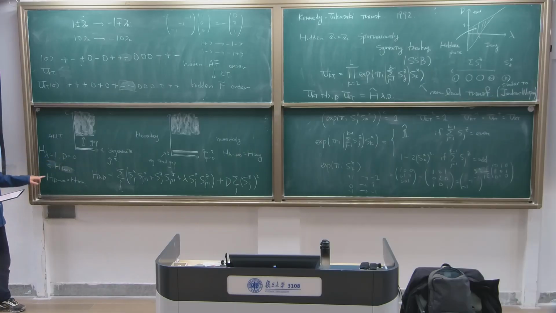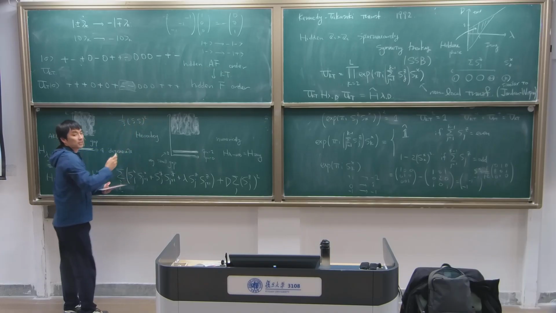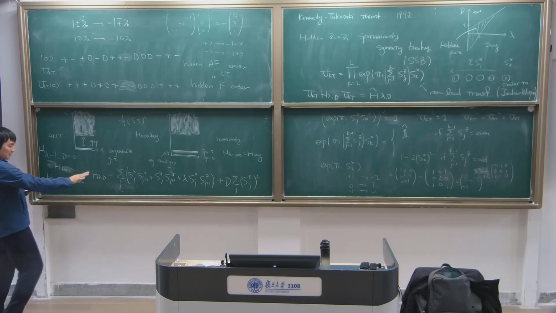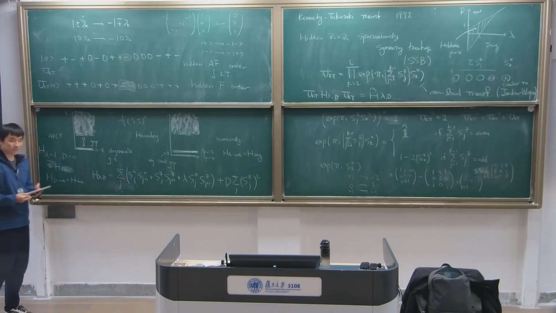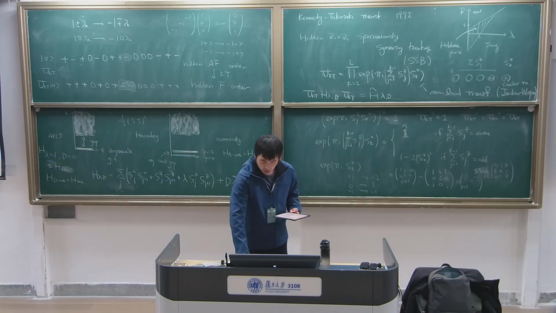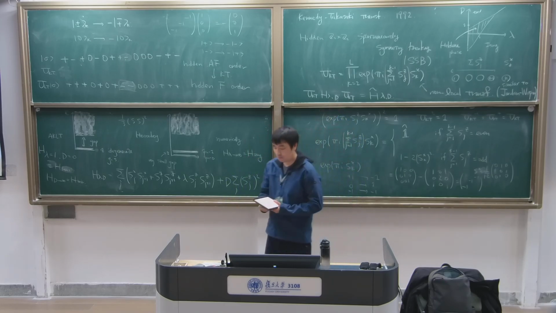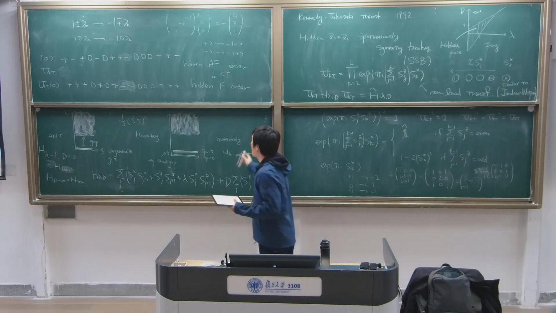That's not true, because for AKLT you have terms like 1 over 3 S squared. This term up here. But this is just the usual Heisenberg Hamiltonian. And to see this transformation, we will see the following thing.